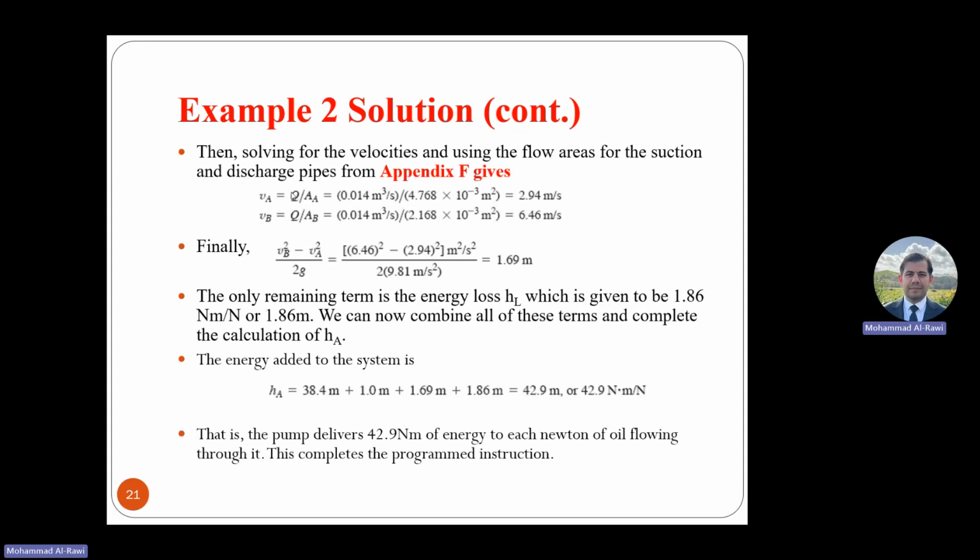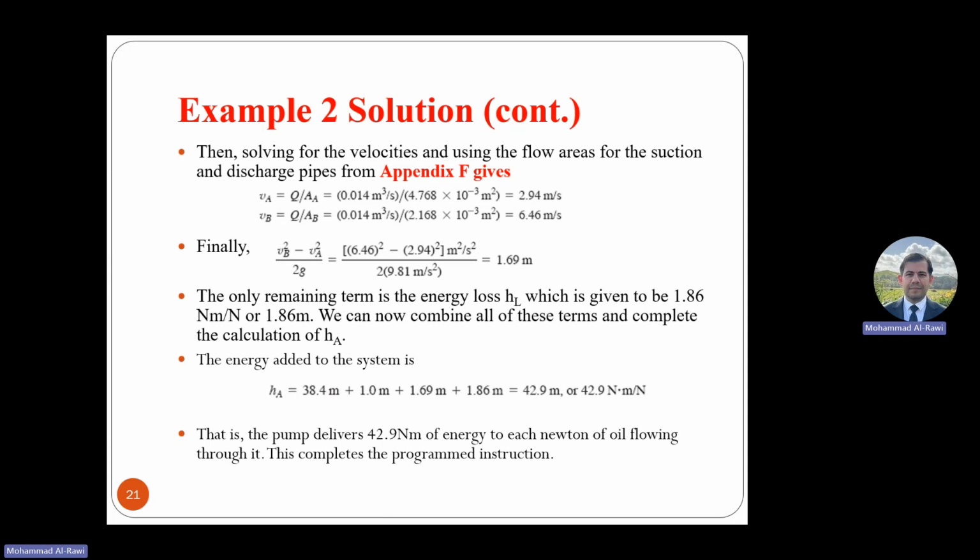Based on that, you have the Q, and using Appendix F, as I mentioned, for the 3-inch and 2-inch Schedule 40 pipes, you can find the cross-sectional areas to determine the velocity at point A, 2.94 meters per second, and the velocity at point B, 6.46 meters per second. Finally, you take the difference of the squares, divide by 2g, and you get 1.69.